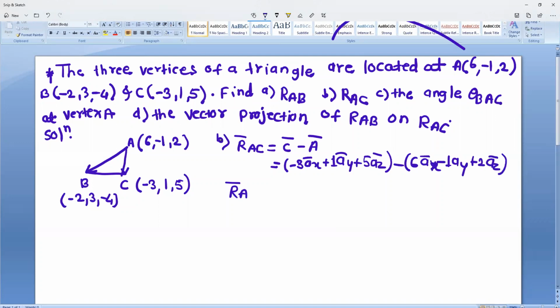Okay. Now this vector R bar AC is equal to -3 minus 6, that is -9 a bar x, and -1 minus that is +1, so it is 1 plus 1, that is 2 a bar y, and plus 5 minus 2, that is 3 a bar z. Okay.